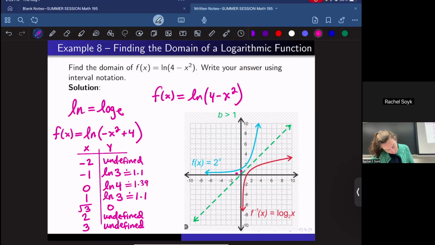And then 1, comma 1.1. And then square root of 3, comma 0. Okay. Now we want to put in our vertical asymptote. And so where's our vertical asymptote?